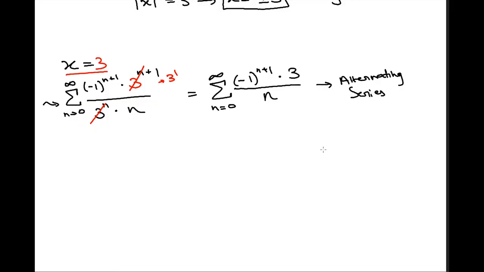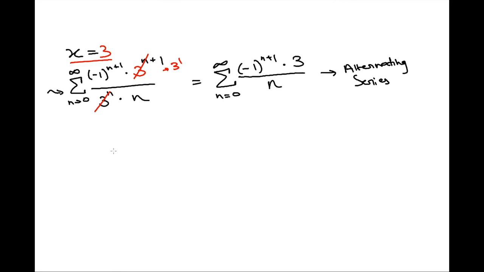Okay. So I can check for absolute convergence by taking the absolute value of this and using one of my tests. So let's take the absolute value of a of n, which our series is. This thing is just going to go away. So that's just going to be the sum from n equals 0 to infinity of 3 over n. That diverges.